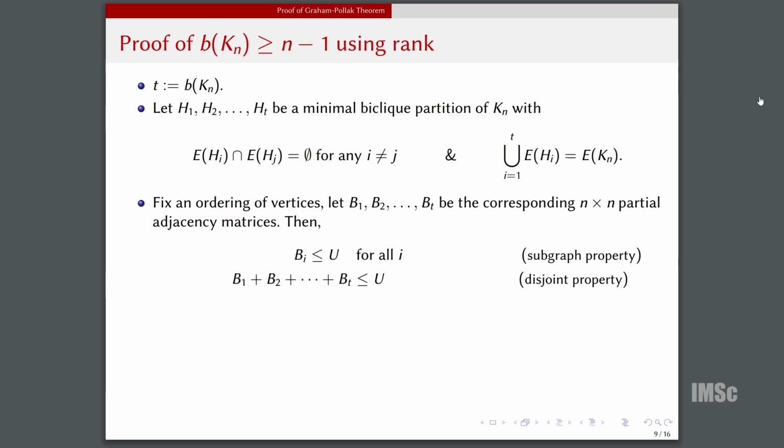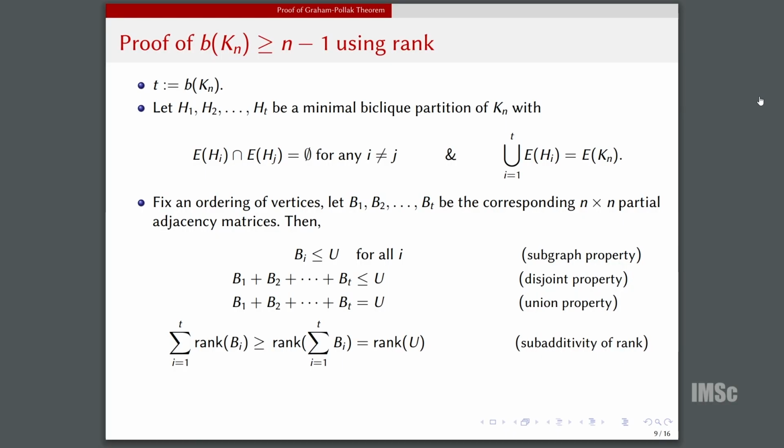Another observation is that because all the edges between bicliques are disjoint, each edge appears in exactly one biclique, so the sum of them should also be at most U. That's based on this disjointness property.